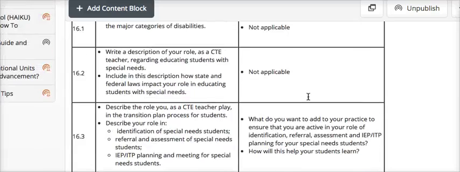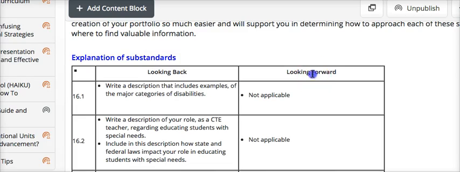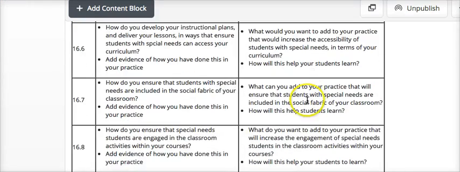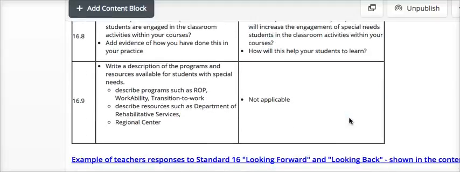So over here under the column of looking forward, here are some questions to help you. I'm thinking about what would I want to add to my practice. So what do I want to add to my practice that will ensure that my students are included in the social fabric, and how will this help my students learn? So if I choose that standard of 16, I would use those questions to guide me as I write my looking forward. I hope that helps.